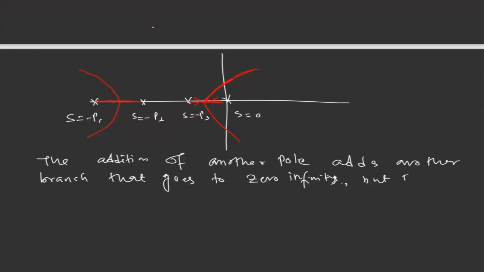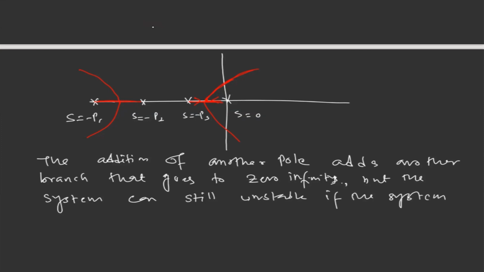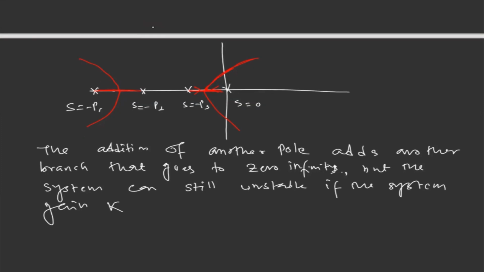But the system can still become unstable if the system gain K exceeds a limit.